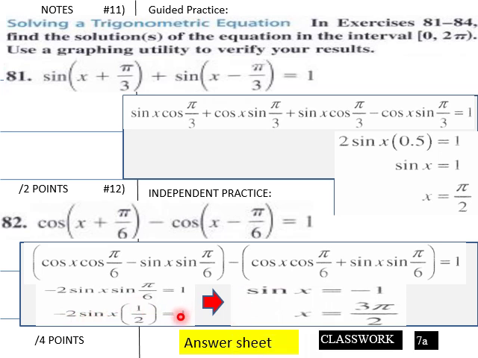Negative 2 sine x times 1/2 equals 1, so sine x equals negative 1, and then x will equal 3 pi over 2 for that one.